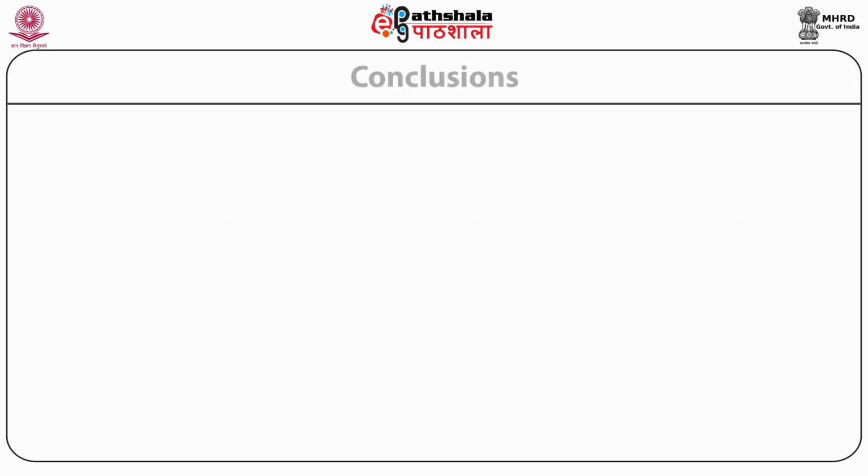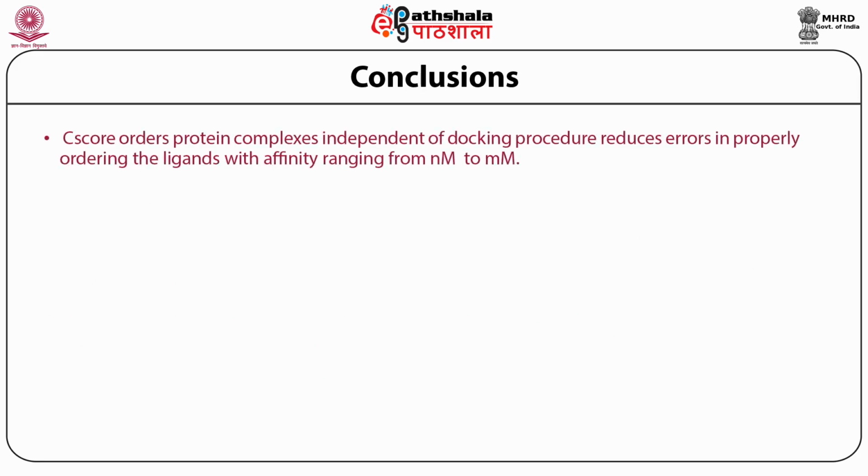So, coming to the conclusions. What we conclude, at least, is that C-score orders protein complexes independent of the docking procedure, and it orders properly at least the strong binders versus the weak binders, which is very important.